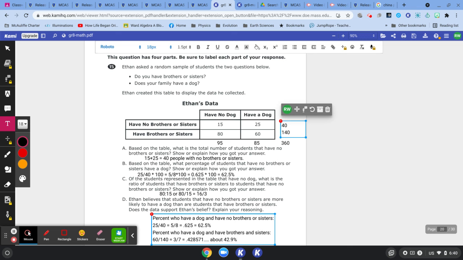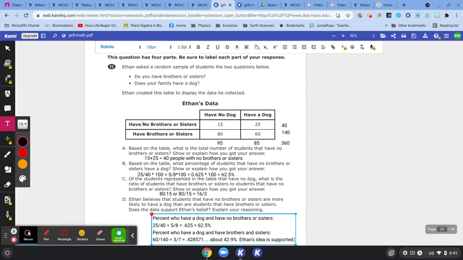But in the meantime, his hypothesis is supported by this data. The data does not cancel out his hypothesis. So Ethan's hypothesis is supported. Okay, and that's what you've got to do. I hope that was helpful.